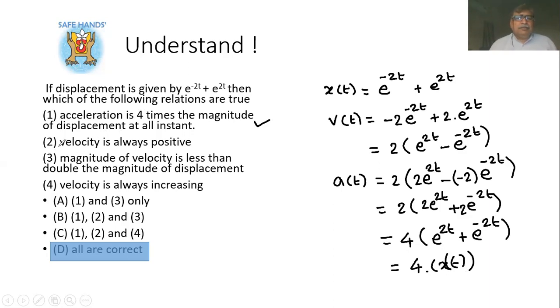Now I want to verify whether the velocity is always positive. I look at the expression for velocity and I realize that velocity will be equal to 2 times, please note, e to the power 2t minus 1 upon e to the power 2t. Whatsoever is the value of t, this particular value will be always less than this.